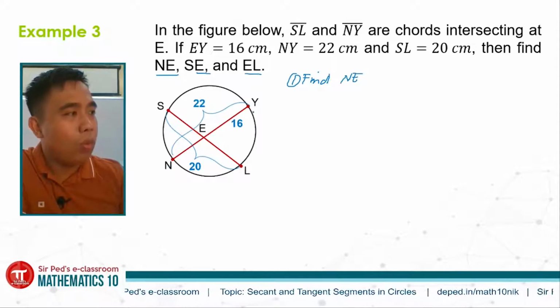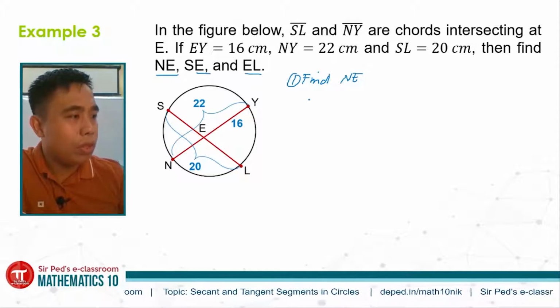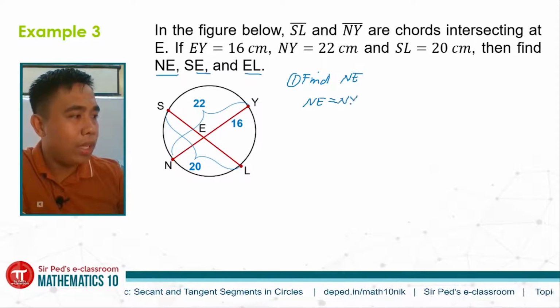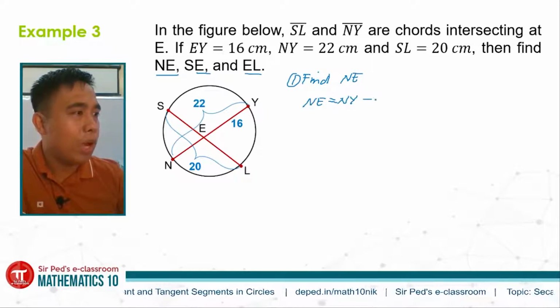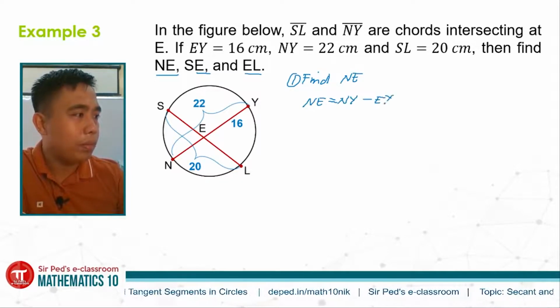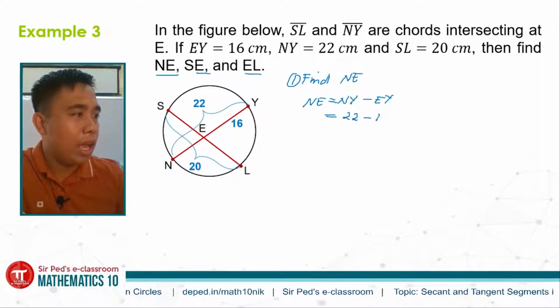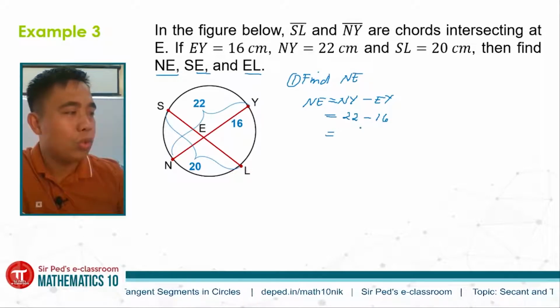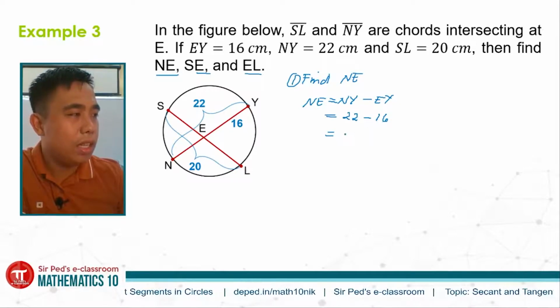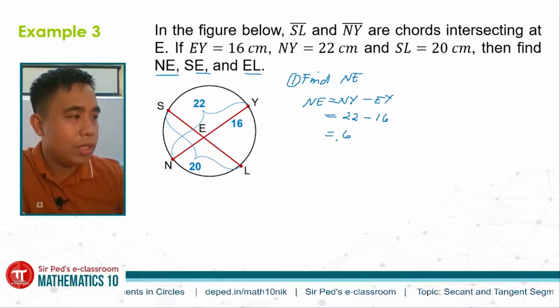Remember that NY is equal to 22. So, NE is equal to NY minus EY. Ang NY ay 22 minus EY ay 16. So, 22 minus 16 is equal to 6.